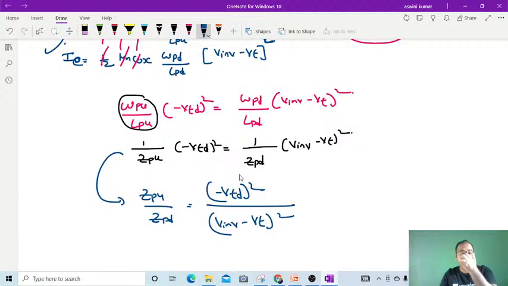Okay, and after substituting the typical values in this, I will get ZPU by ZPD as 4:1. Okay, 4:1.